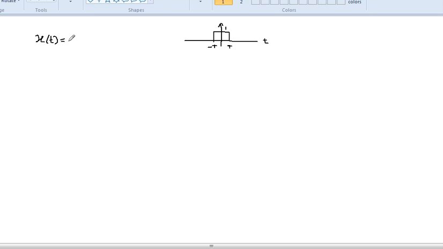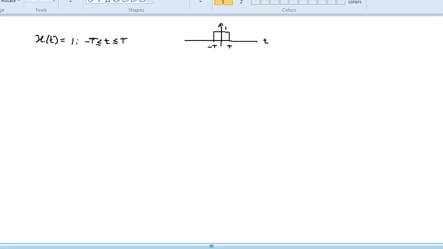So how do we write x of t? x of t is 1 when t is in between minus T to plus T. So the small t is greater than or equal to minus T, and less than or equal to capital T, the value of our signal is 1.